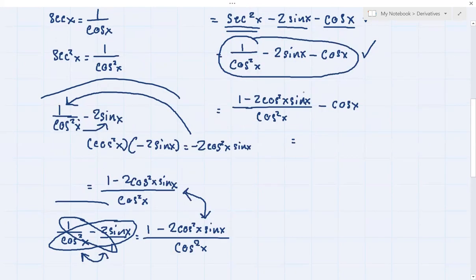Okay? So, if you're going to use butterfly technique or the first technique na na-introduce ko sa inyo, the answer for this one would be 1 minus 2 times cosine squared x times sine x minus cosine cube of x all over cosine squared of x.